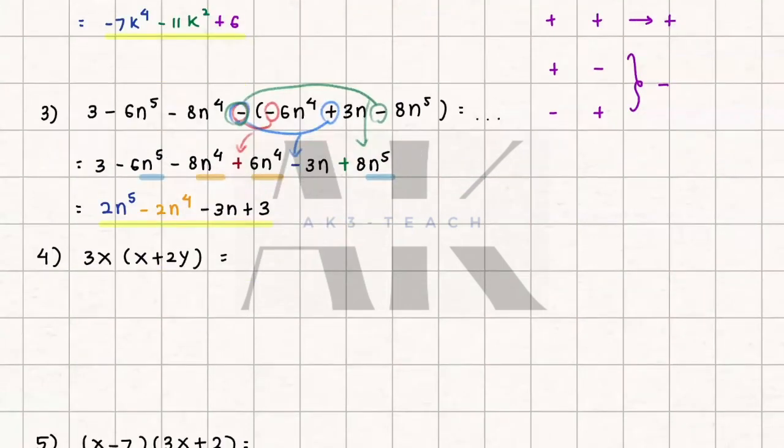Now, when we have something like this, this is where we have the rule of commutative multiplication. When we have something like this, we deal with it like this and this. And then you go to the second part, this and this. So seeing the blue one, what do we have? 3x times x.